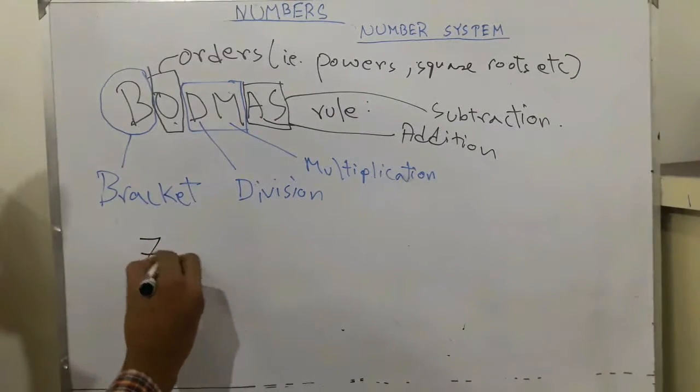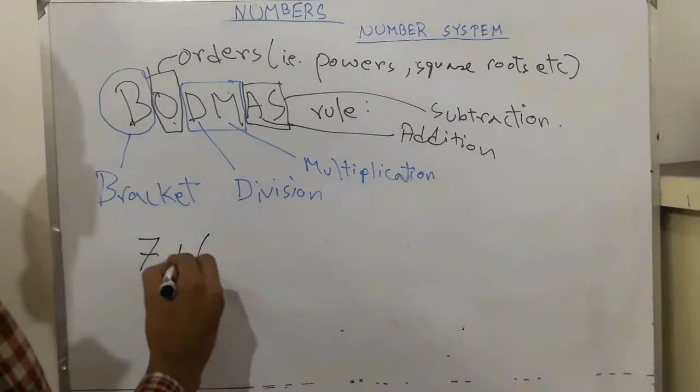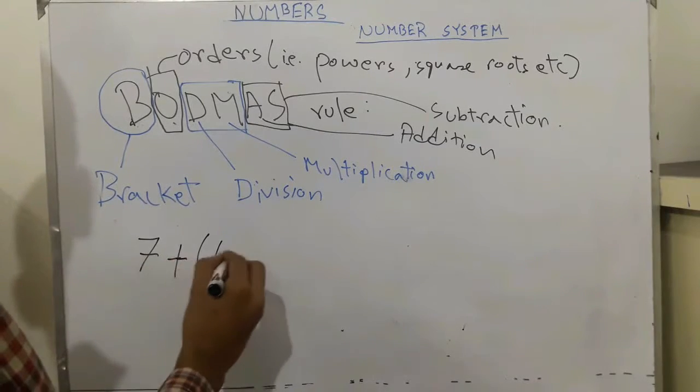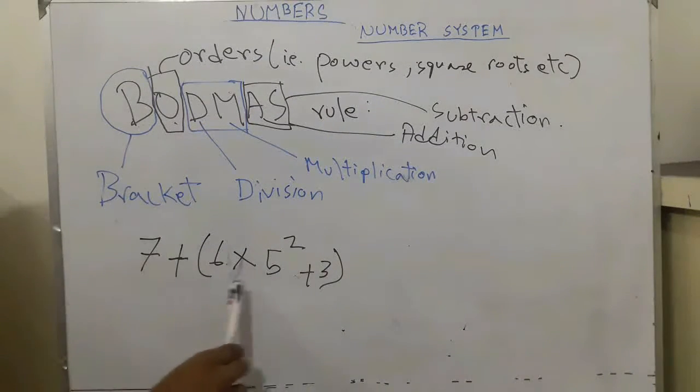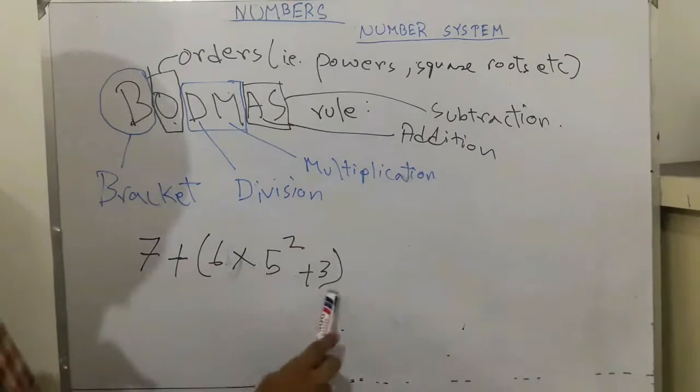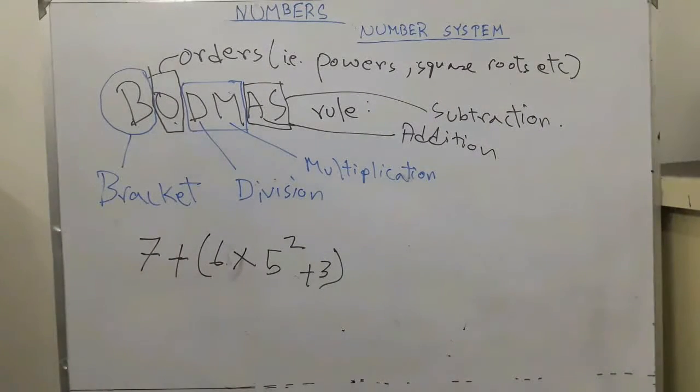For example, the equation 7 plus 6 into the bracket. If we apply the BODMAS rule here, we must do what is in the bracket at first. In the bracket, you can see there is 5 squared plus 3. Inside the bracket we must do the orders at first.